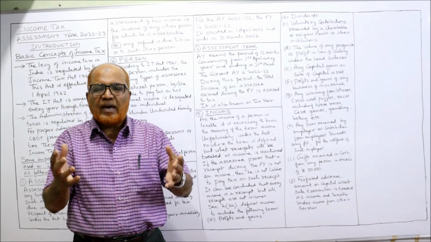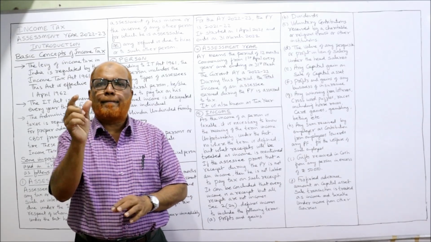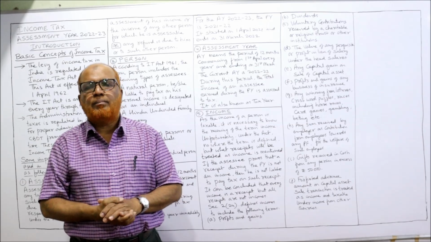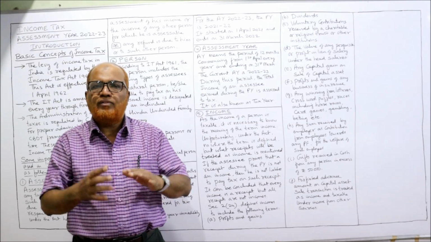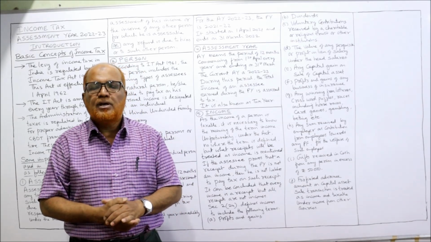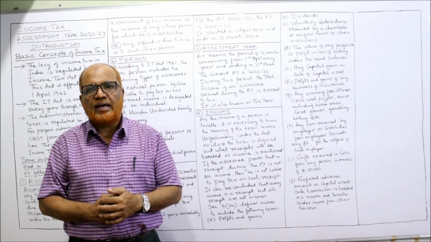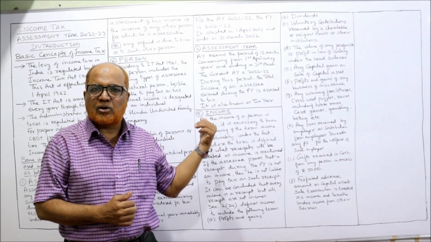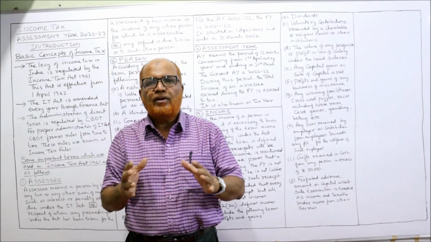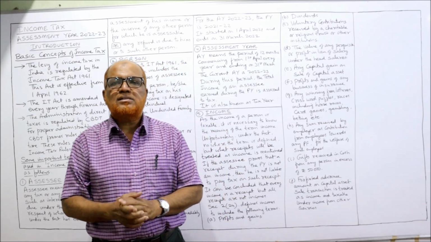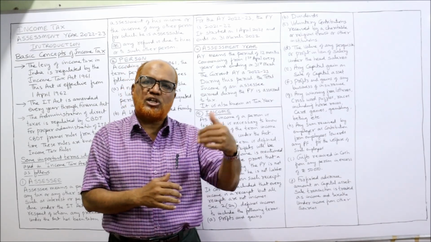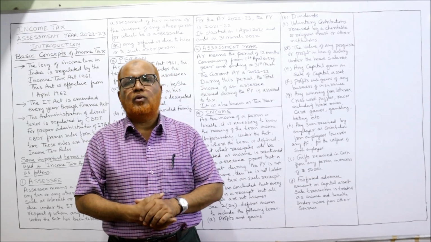So if any case arises regarding the problem of income, then we have to refer to the guidelines given by the High Court and Supreme Court, which show the characteristics of income. In the next video, I'll continue the basic concepts, where I explain the characteristics and features of income given according to the judgments of High Court and Supreme Court.